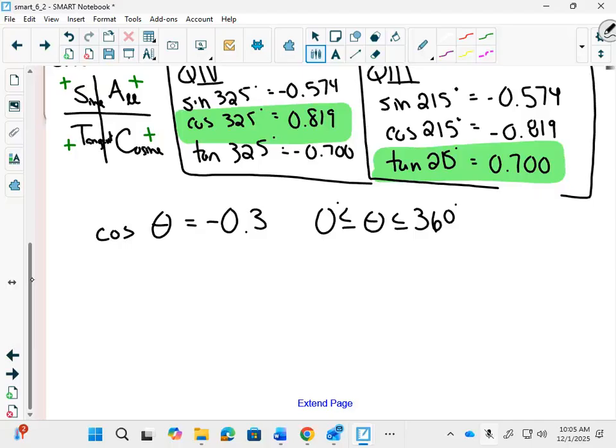What are all the angles that could do that between 0 and 360? Well, that's once around the circle, and if I think about my CAST rule, can you see right away, I know it cannot be in quadrant 1. Because cos was negative. In fact, it also can't be in quadrant 4. I know that my answer has to be in quadrant 2 and quadrant 3.